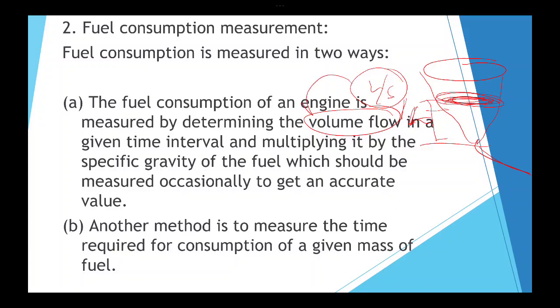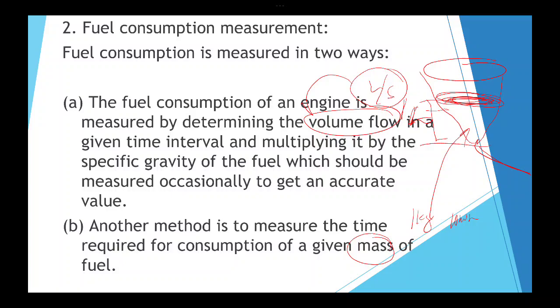And the other method is to measure the time required for consumption of a given mass. Just like that, for example, you are given 1 kilogram of gasoline, and you are tasked to get the fuel consumption for about 10 minutes. Again, that's the same process.